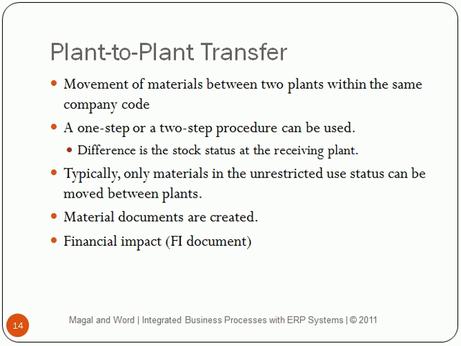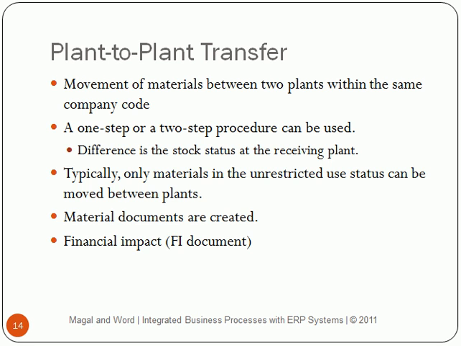Now, the second movement involves moving from one plant to another. And again, you can either do it one step or two step, depending on how close these two plants are. But you always have to reflect on the inventory, the quantity.